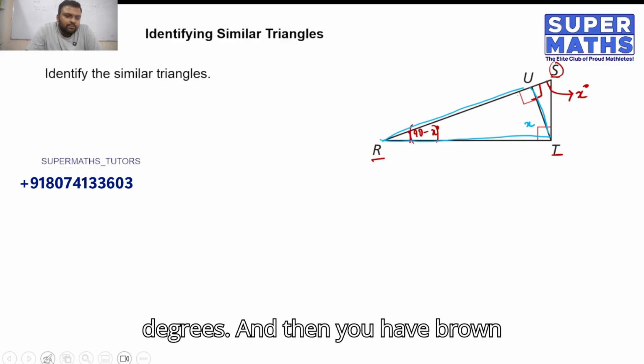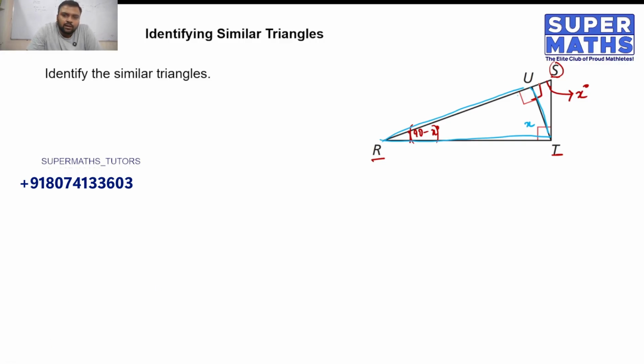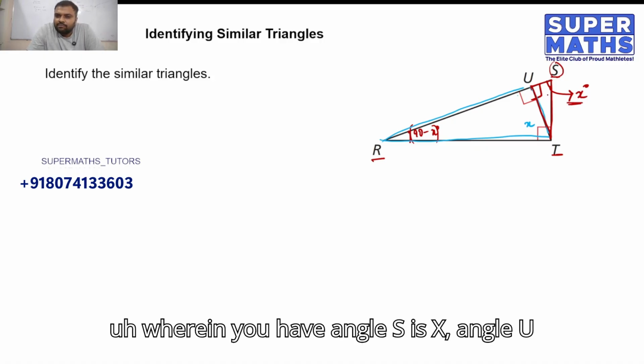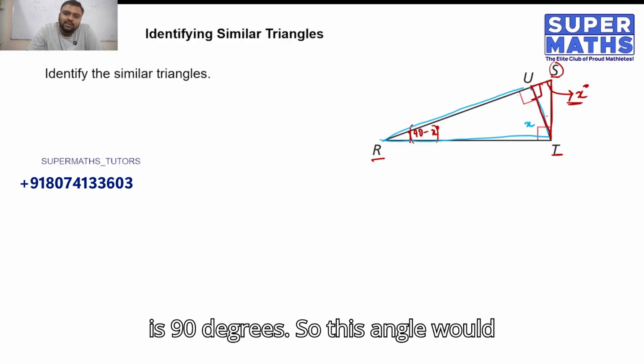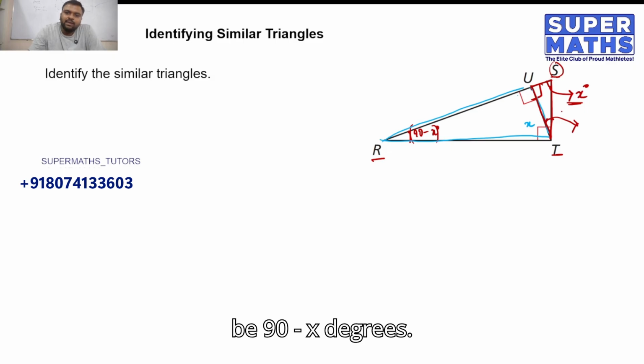And then you have the brown triangle, wherein angle S is X, angle U is 90 degrees. So angle T would be 90 minus X degrees.